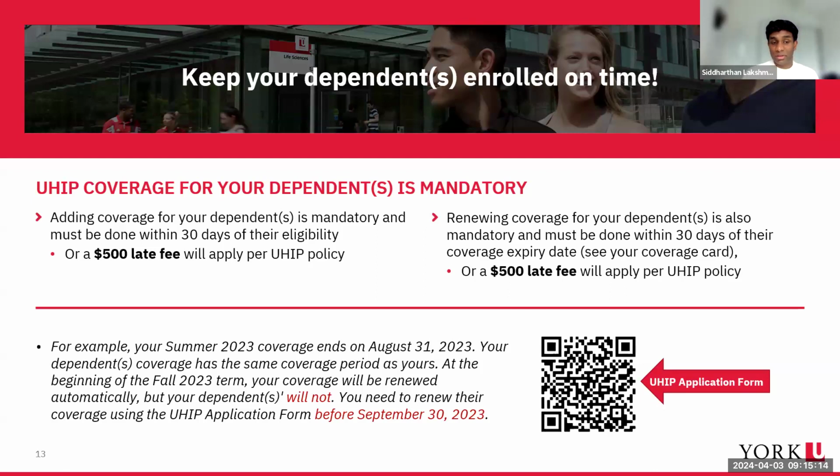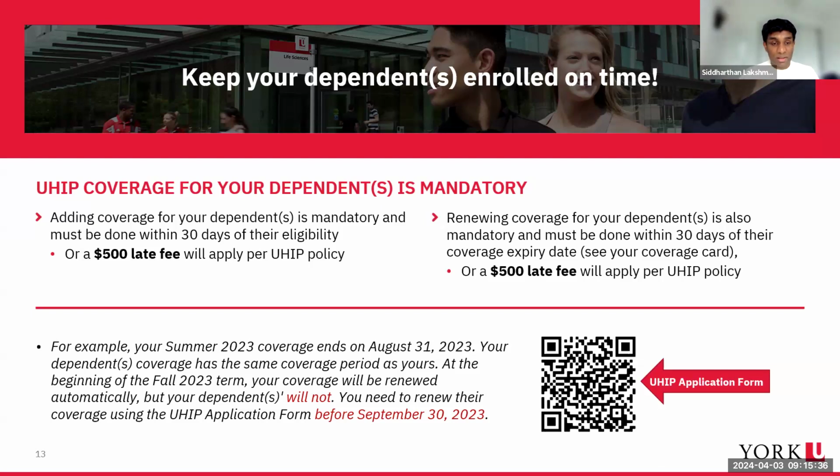Firstly, you need to enroll your dependent within 30 days of their arrival in Canada or within 30 days of your coverage starting. So for example, if your dependent is arriving before May 1st, but your coverage only starts at May 1st, you would need to enroll them into UHIP by filling out this form before May 30th.